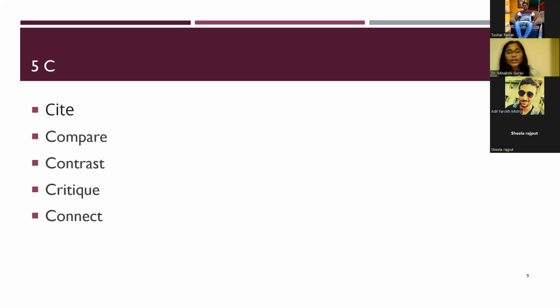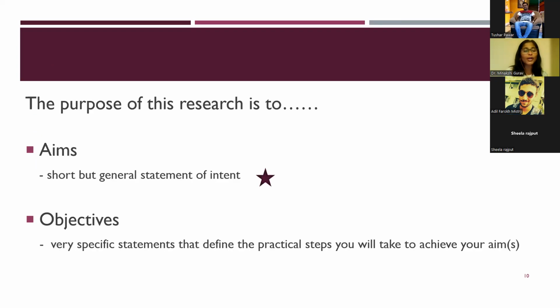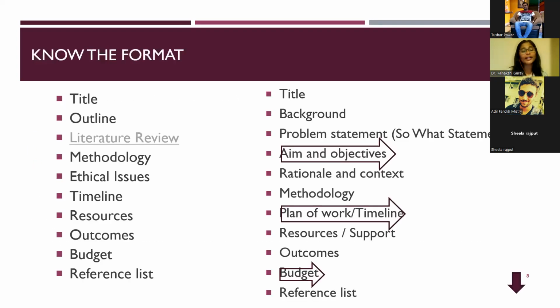Okay, critique is not criticizing in a negative way. It shouldn't be taken in a negative way. Always take it in a positive way, and that is important while writing your research paper.